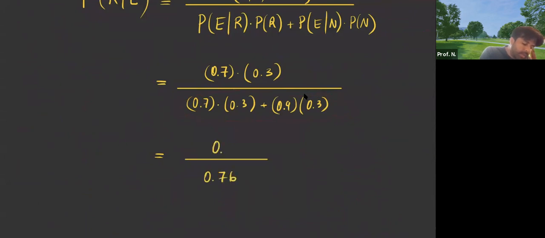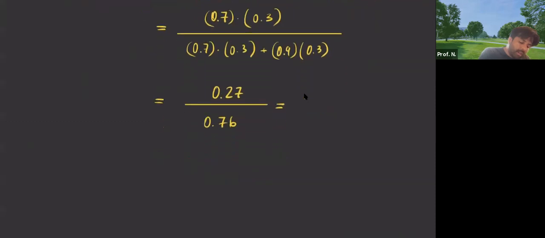The top here will be 0.27. When you divide 0.27 by 0.76, I get 0.355. I'll just leave it at two decimal places.